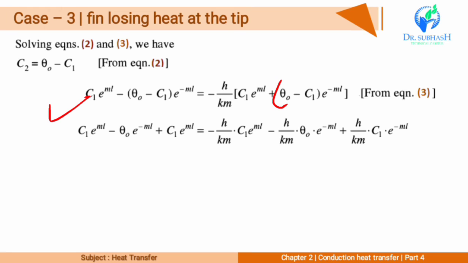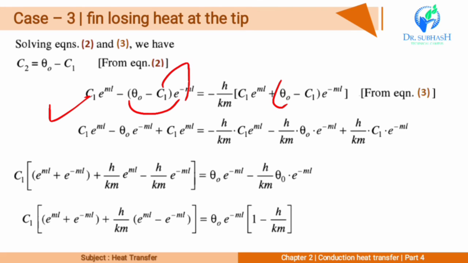So now multiplying theta 0 to the e raised to minus mL and C1 with e raised to minus mL, we get C1 e raised to mL minus theta 0 e raised to minus mL plus C1 e raised to mL is equal to minus h by km C1 e raised to mL minus h by km theta 0 into e raised to minus mL plus h by km C1 e raised to minus mL.